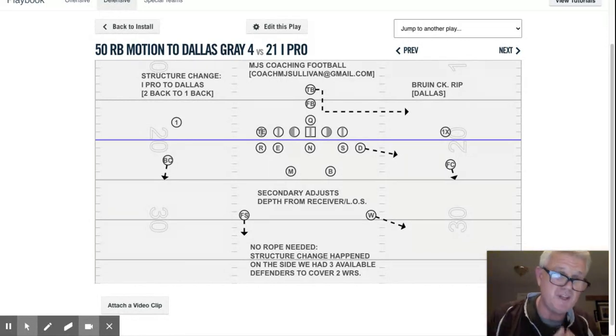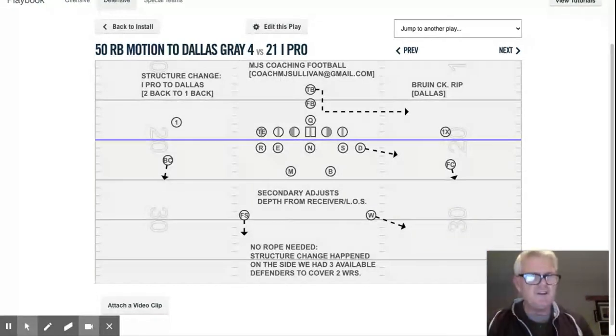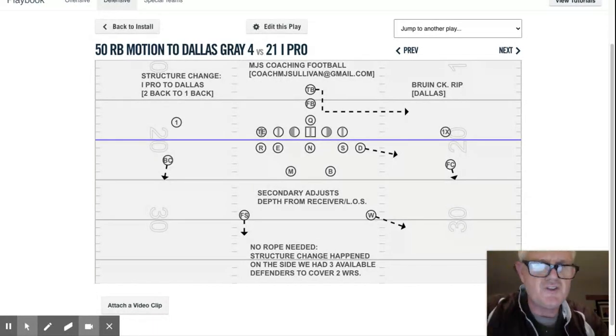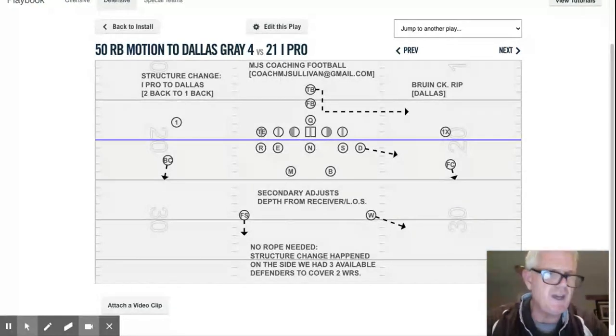For us, check means change. We've changed it from a Liz to a Rip. Anytime there's a change, we say check, and that's what it means. So there's no rope needed in this particular case. There's a structure change on the side where we had three people available to cover two.